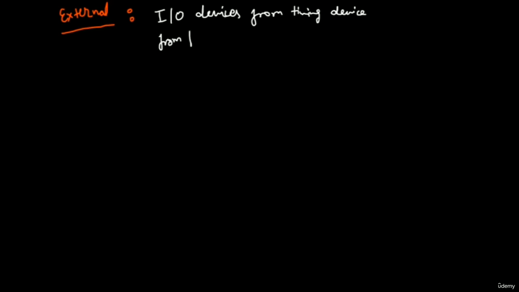As the name suggests, it occurs externally, so it particularly means it is coming from input output devices, like the wire is loose or something like that, from a timing device, from the power supply.